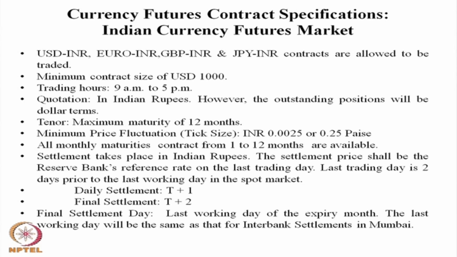We have USD, pound sterling, euro, and Japanese yen future contracts available for 1 month to 12 months, with settlement at T plus 2 days, and the Reserve Bank reference rate will be the settlement price of the future contract. The contract tick size is 25 paise.